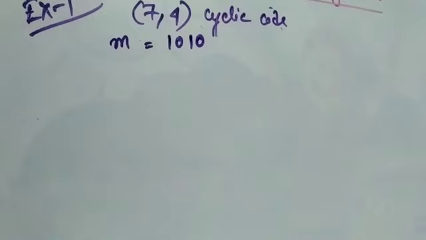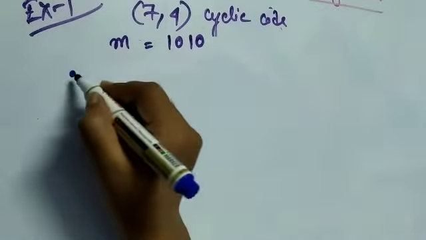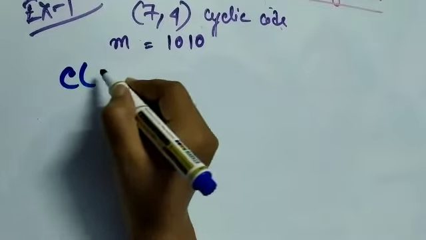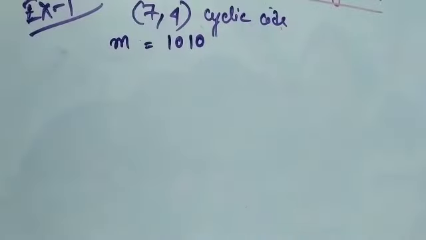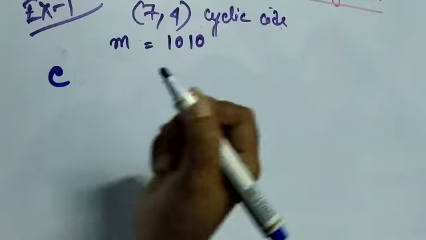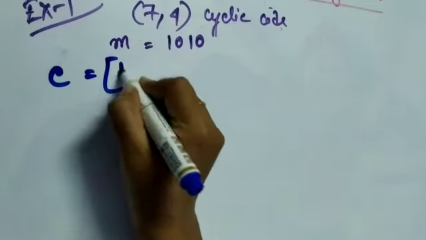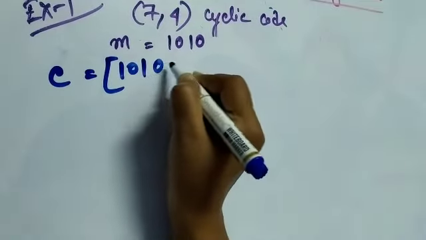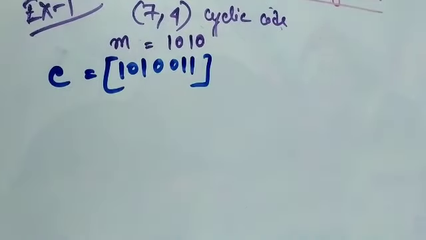So here the next topic is being discussed. We have to discuss that in this exercise we have got the code word, that is C, which is 101011.